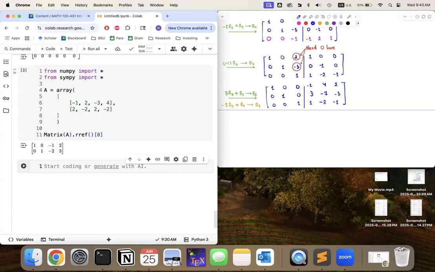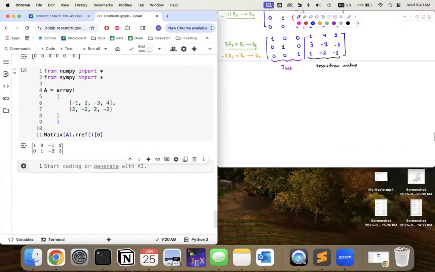And therefore, on the right-hand side of the vertical line is the transition matrix from basis B prime to the basis B. So you can conclude that the transition matrix from B to B prime is equal to the matrix -1 4 2, 3 -7 -3, then 1 -2 -1.